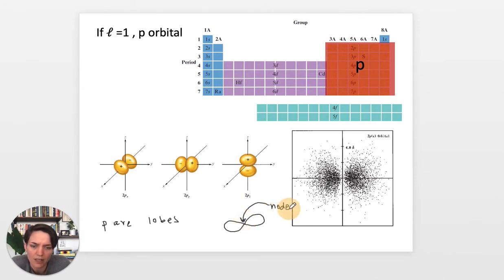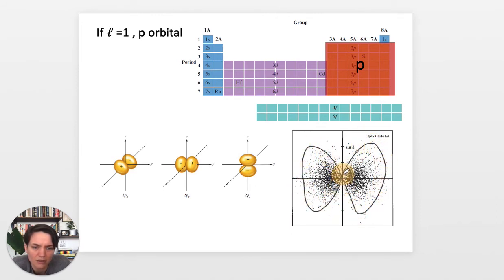Node, again, is that area where you have a very low probability, almost 0, of finding an electron because there's too much interference, right? So this would be our node here. This is an actual electron probability map using Schrödinger's equation. Very cool. So you can start to see where we get these shapes, right? These are all mathematical and physical principles that lead us to them.